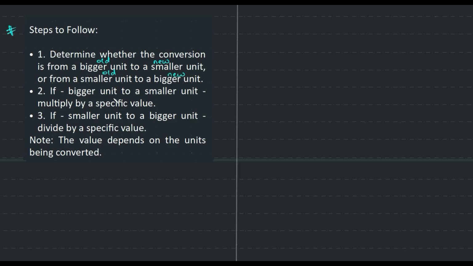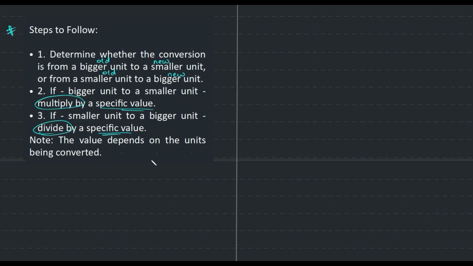If you go from a bigger unit to a smaller unit, you multiply. If you're moving from smaller to bigger, you divide. Divide with what? A specific value, determined by the conversion.